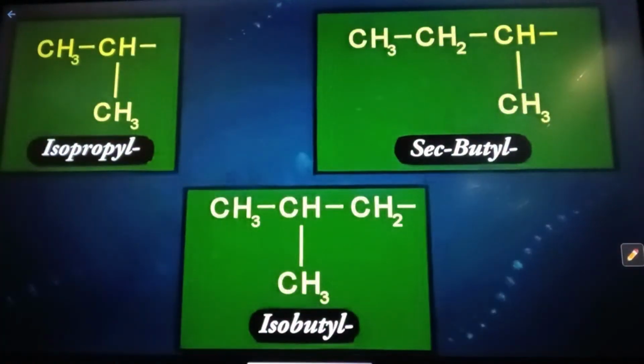Thus, propyl and butyl groups can have branched structures as shown here.